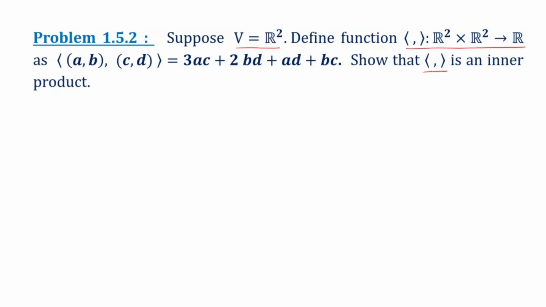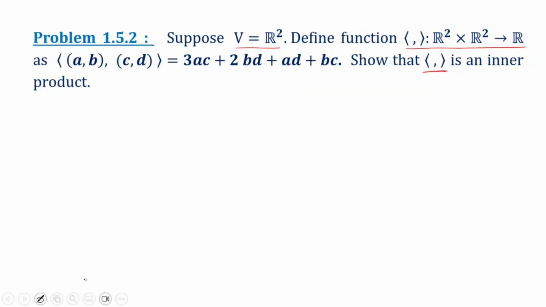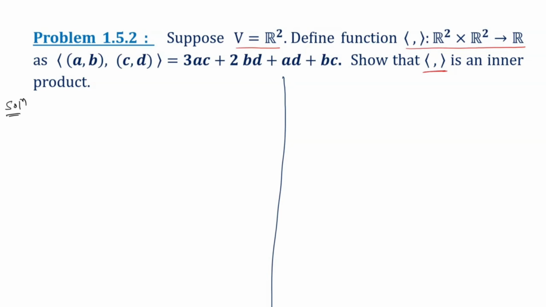The question is whether this given function is an inner product. Let's have the solution here. We have to verify all those four properties we discussed in the previous slide, and we'll do it one by one.